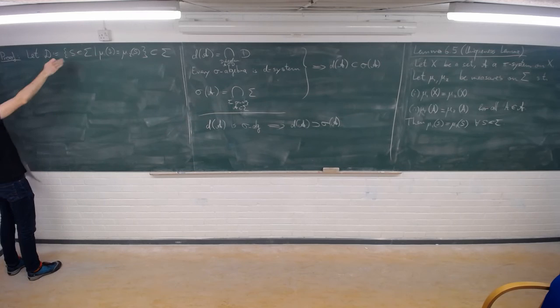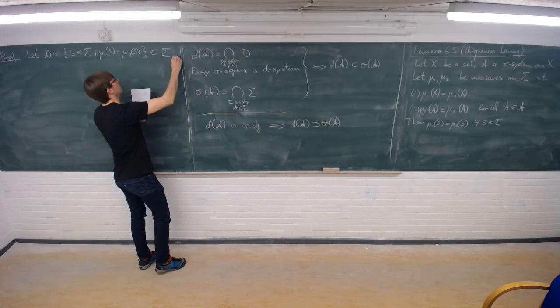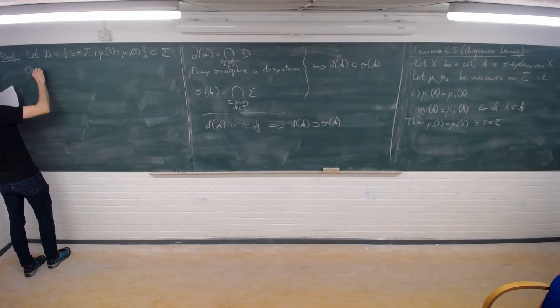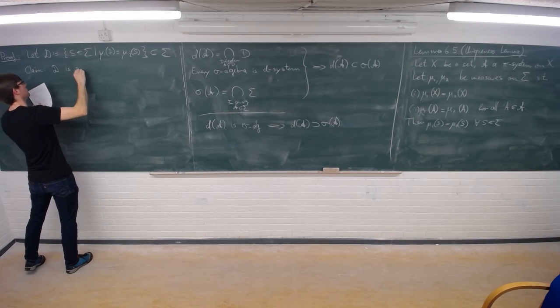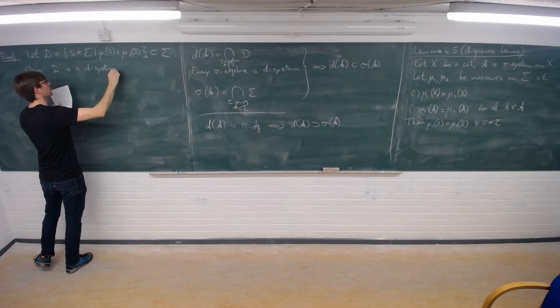Because it's all elements of sigma that satisfy a certain condition. And now we claim that D is a D system.